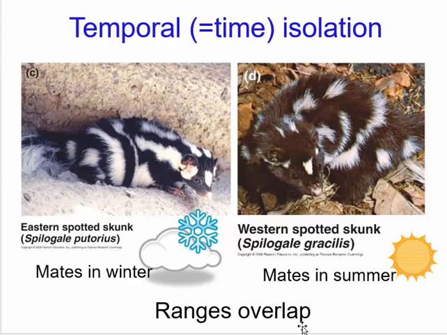They do at least overlap. But the eastern spotted skunks mate in winter, whereas the western spotted skunks mate in summer. So they're mating at completely different times. Therefore, this is temporal isolation. You're not mating at the same time, you're not going to have offspring.